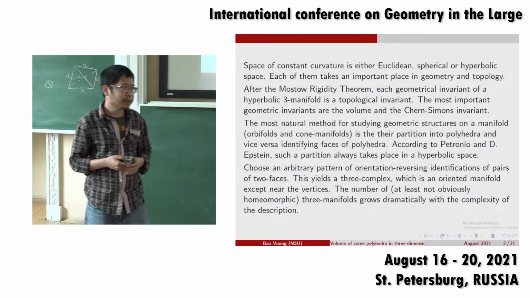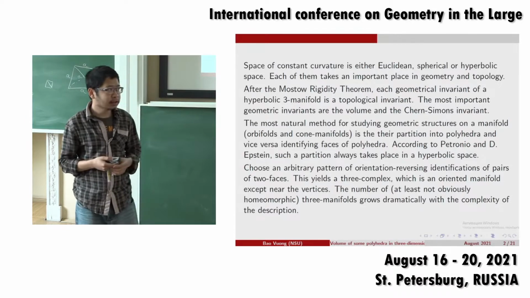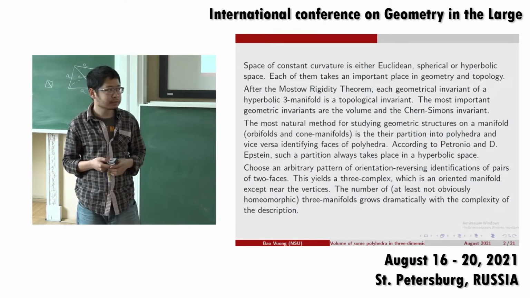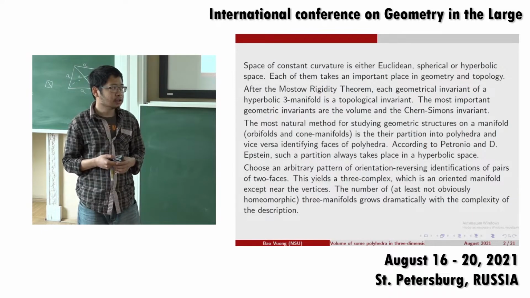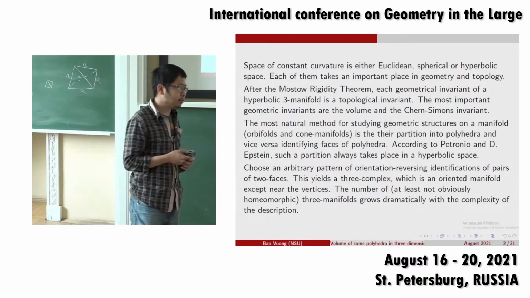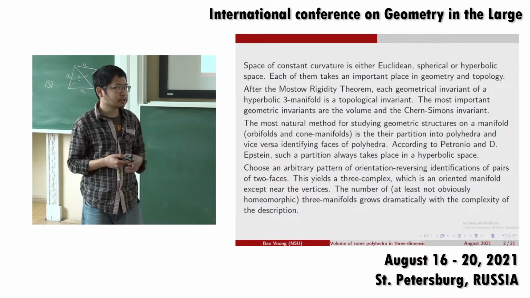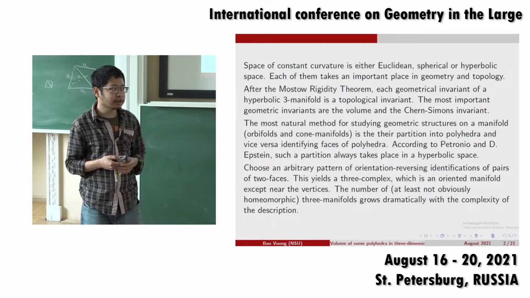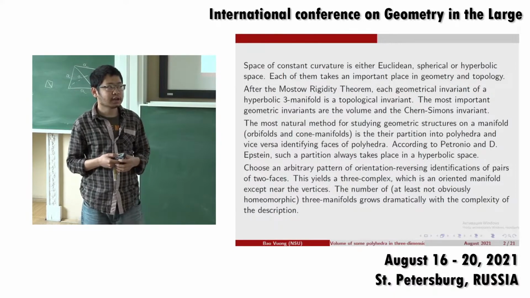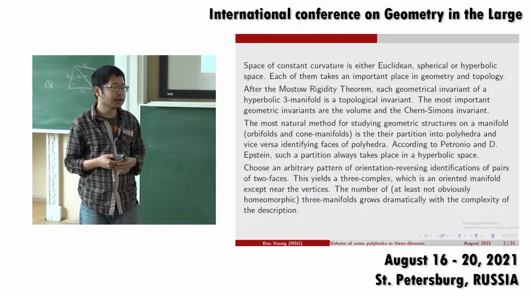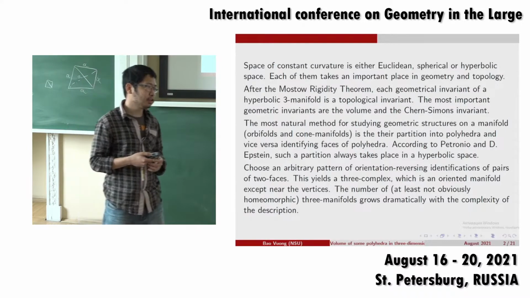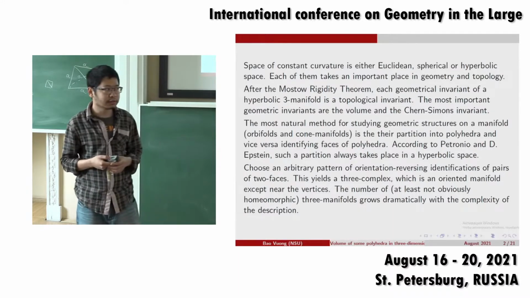According to Petronio and Epstein, such a partition always takes place in hyperbolic space. So we take several polyhedra and choose some pattern of orientation-reversing identification of pairs of faces. This yields a three-dimensional oriented manifold except near the vertices.